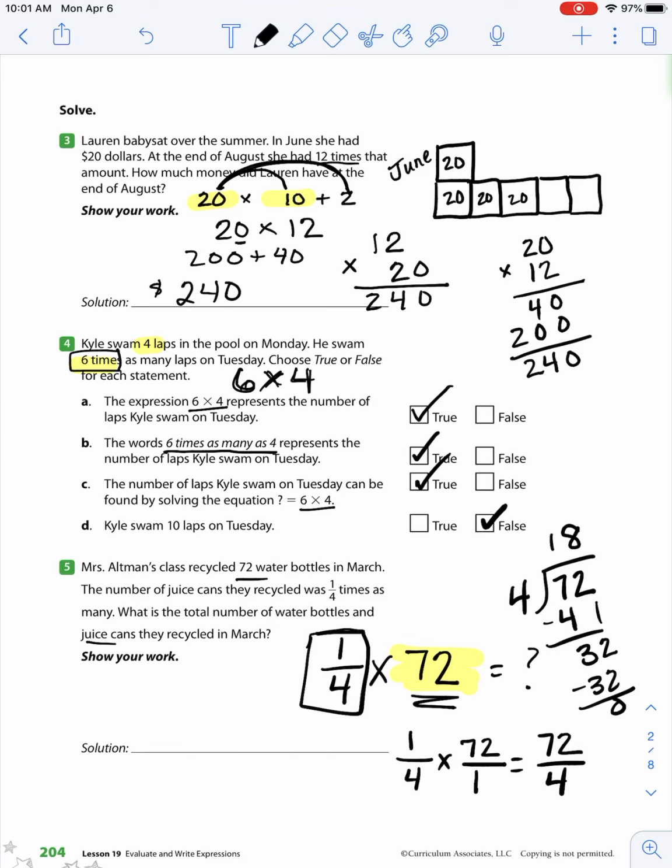Wants to know, so this is how many juice bottles I had. But it wants to know, hold on, I didn't finish. What's the total number of water bottles and juice cans? So we had to first figure out how many juice cans. So now what we have is 72 water bottles plus 18 juice cans, which is 90 bottles and cans.